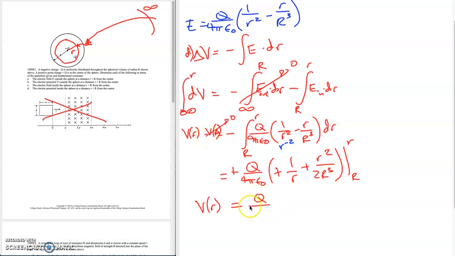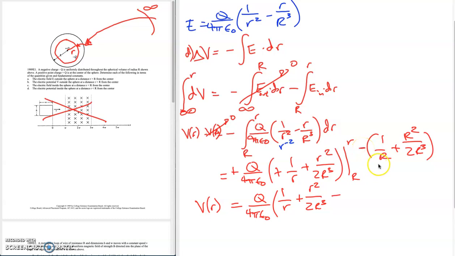We have q over 4 pi epsilon naught, and then the quantities 1 over r plus r squared over 2 R cubed, minus, and when we plug in the big R there, we're going to have 1 over big R plus big R squared over 2 big R cubed, and all of that's the lower limit, so there's a great big fat minus sign out front of it. That's this minus sign, same minus sign.